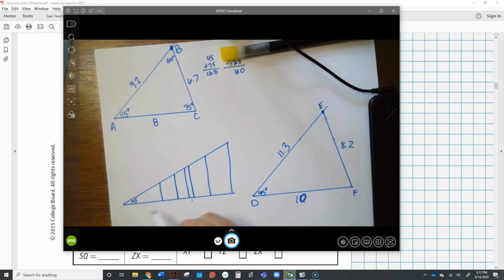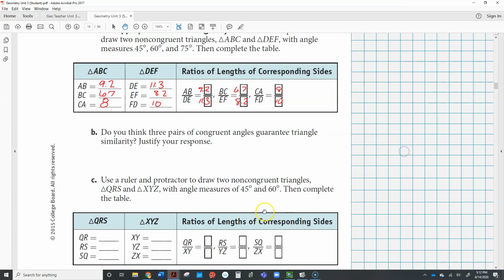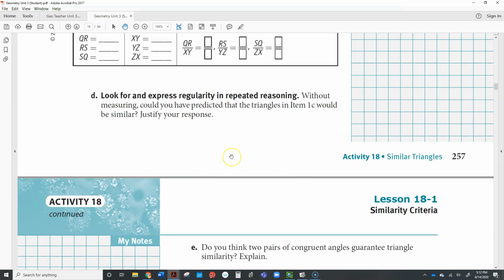Their side lengths will be proportional, and their angle measures will be the same, okay? Because these lines right here are going to be parallel lines. That's going to be a transversal. Those are going to be corresponding angles. So the main thing you've got to remember is that for similarity, you've got to have congruent angles.